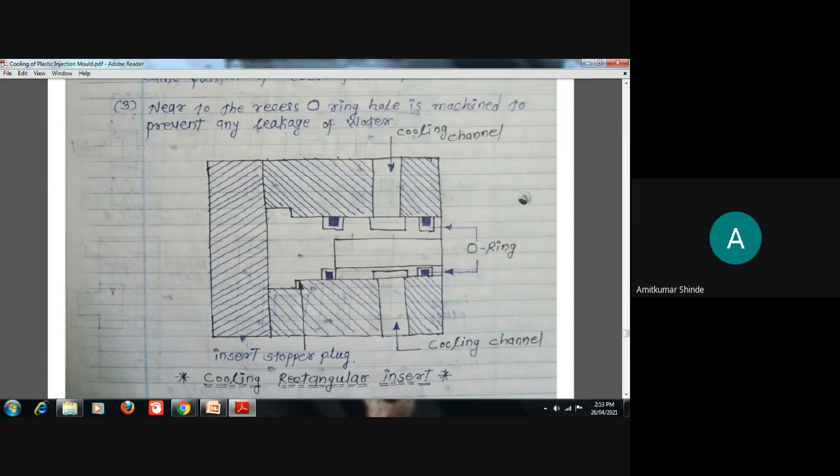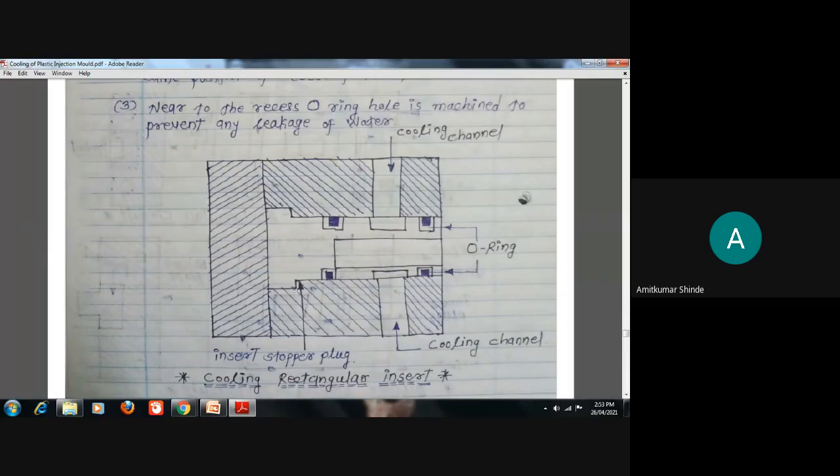This is the cooling channel provided, of a rectangular shape, and some extra O-rings are provided here, and these are the inner stopper plugs. The function of these inner stopper plugs or O-rings is to prevent the leakage.